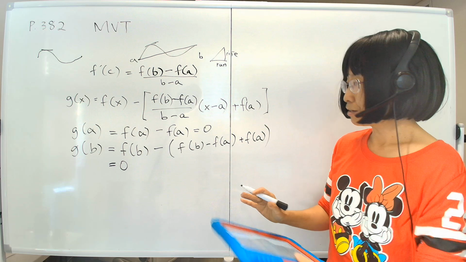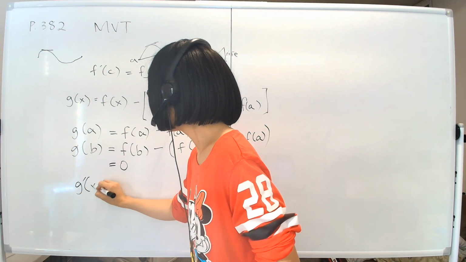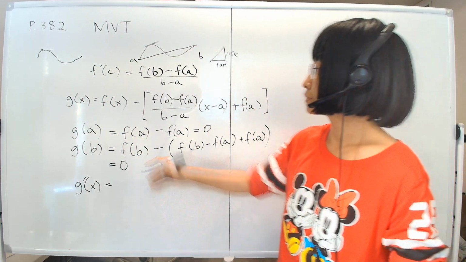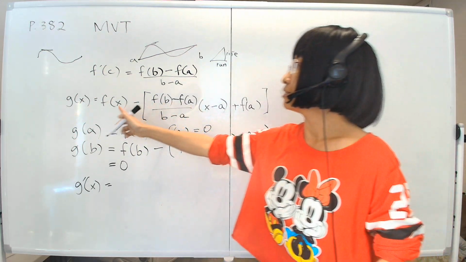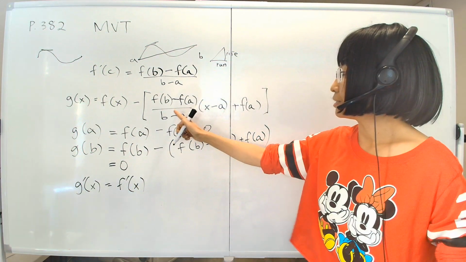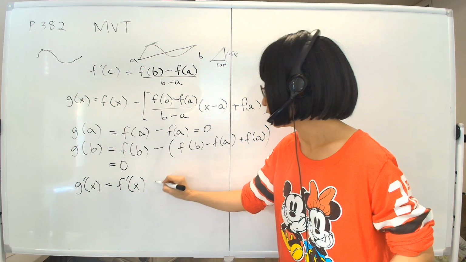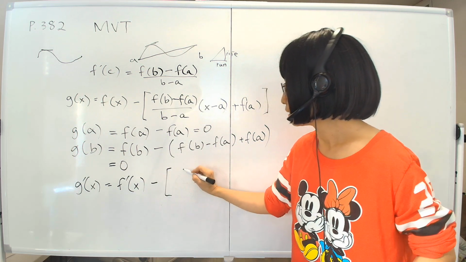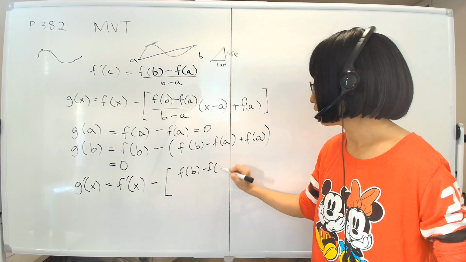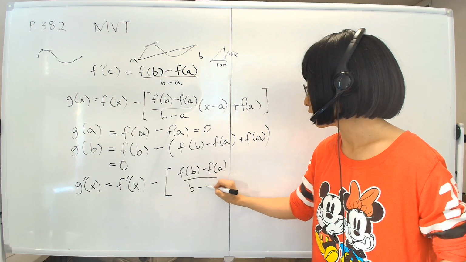Next, what is g prime of x? We'll take the derivative. So f prime of x minus that thing. There's an x here, so when you take the derivative, we have that thing left. So we'll copy that down: f of b minus f of a over b minus a.